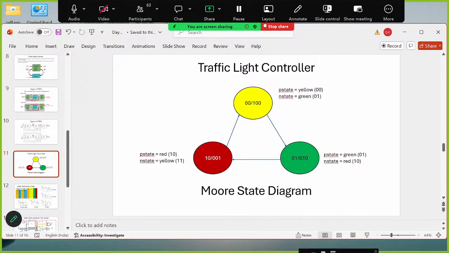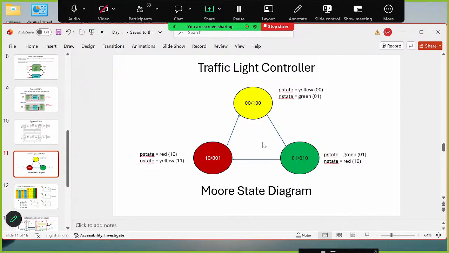Generally, when we talk about FSM designing, we should have a specific design statement. Suppose I have given you a statement that you need to design a traffic light controller for two-way signaling. Only this much information you have. So from where should you start? You should start from here itself.